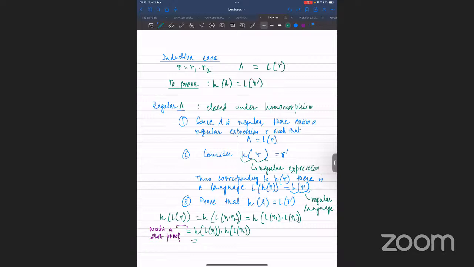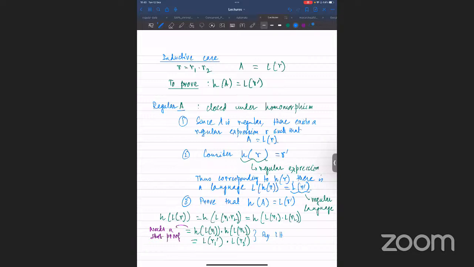Now, H of L of R1: the homomorphism on the language of this regular expression, which is in the subtree. This is by induction, right? So this is by induction. You have L of R1 prime dot L of R2 prime, right? So this is the important step, by induction hypothesis, right?